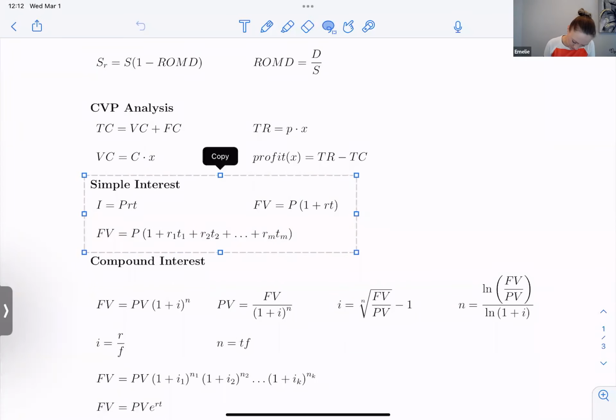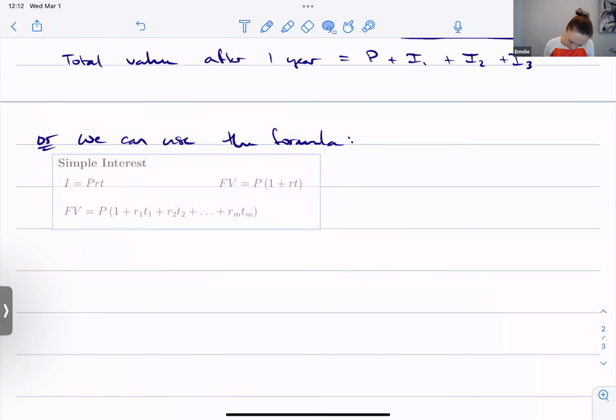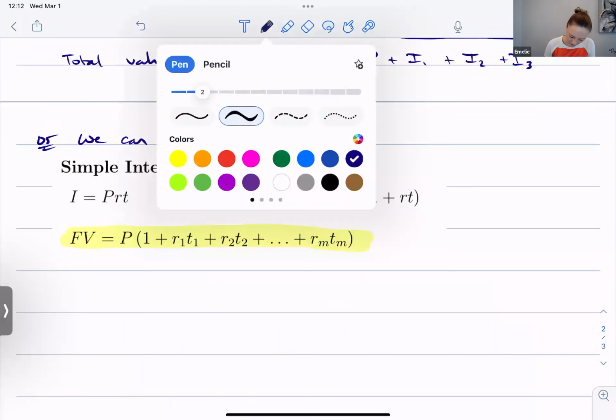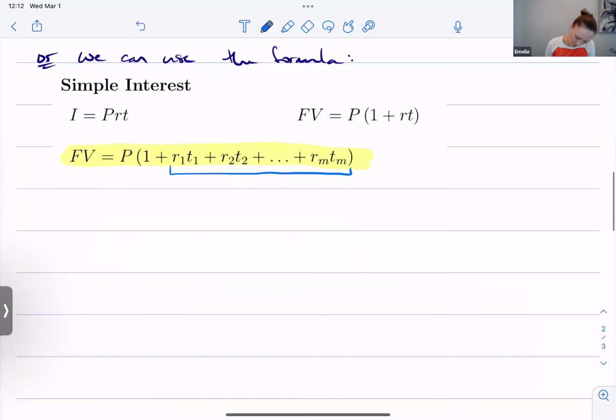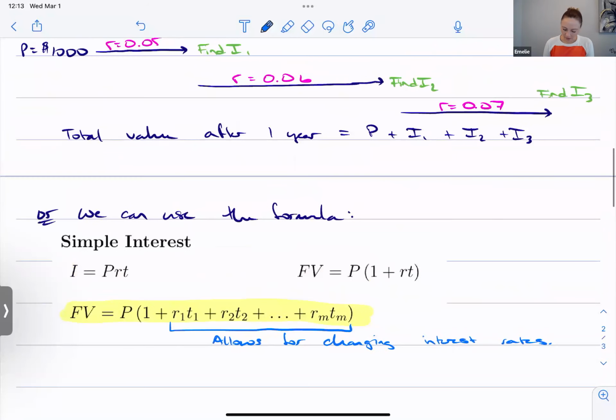I'm going to copy this whole thing in. Or we can use this formula, that one there, which allows for changing interest rates. So either way, and of course there's a way we could derive from this formula here.